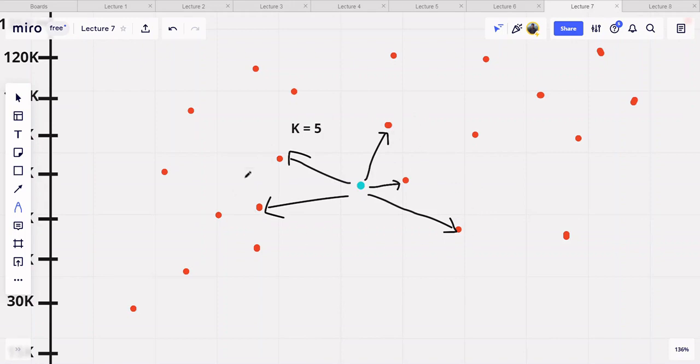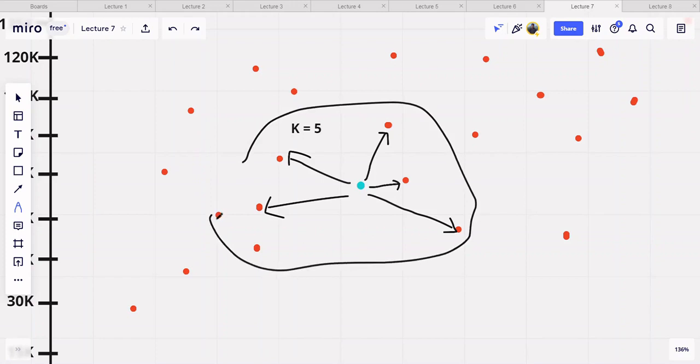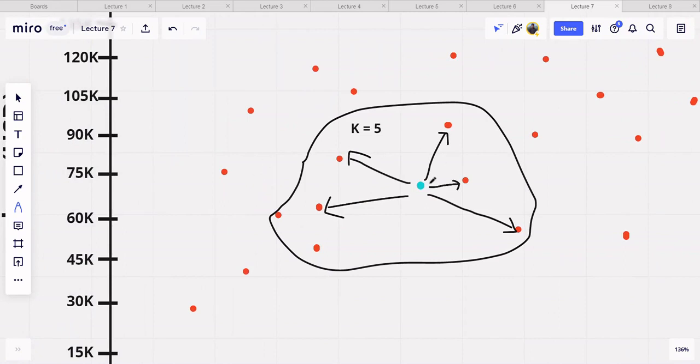Now if I draw an imaginary cluster here, you can see that there is a cluster forming. These data points are very similar to each other and very close to each other.